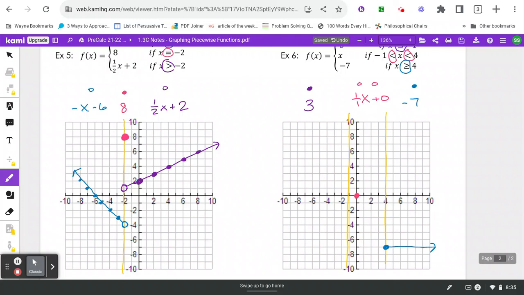So 0, up 1/1, open dot, down 1, back 1, open dot. Then all the way on the left-hand side, we just have 3, which again is a straight line all the way through 3. And you have a solid dot there. And here it goes that way.